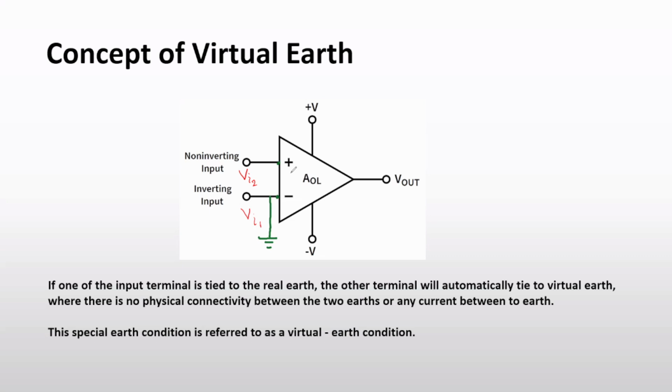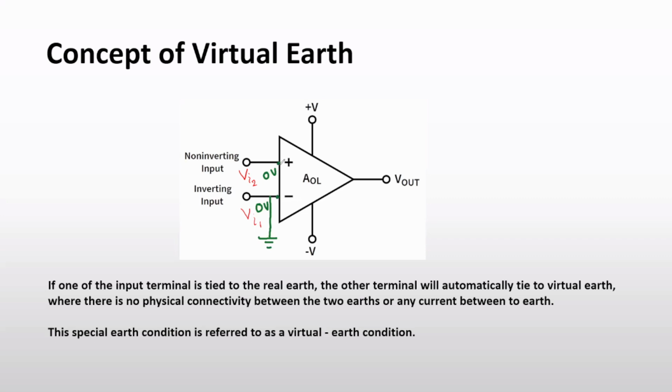Yes, 0. So when it is earth it will be 0, and when it is 0, the other one will also get 0. So this is the virtual earth. These two terminals are not connected physically, but if one terminal is earth, the other one also behaves as if it is connected to earth. This is the concept of virtual earth.